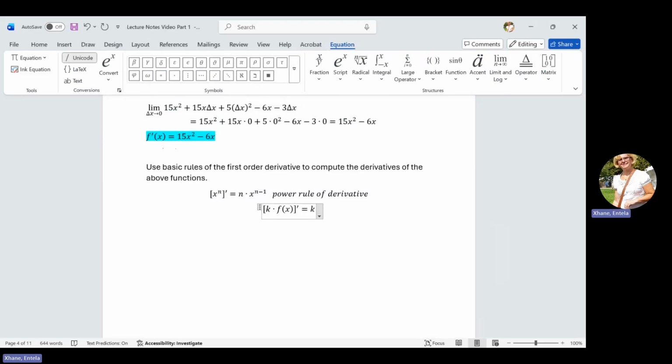You do not differentiate k, you take it out. You're only differentiating function f of x. Okay, so that means k equals coefficient.